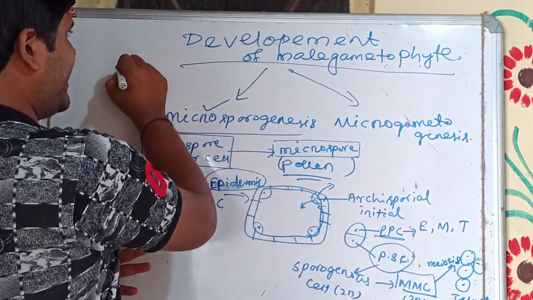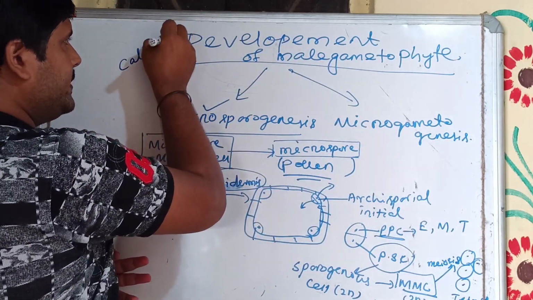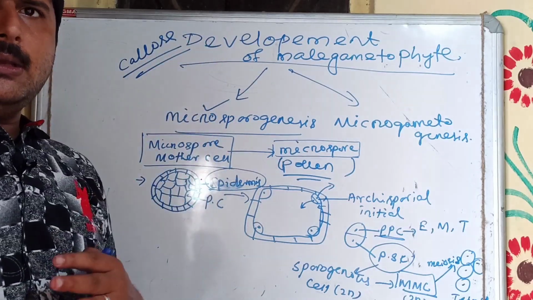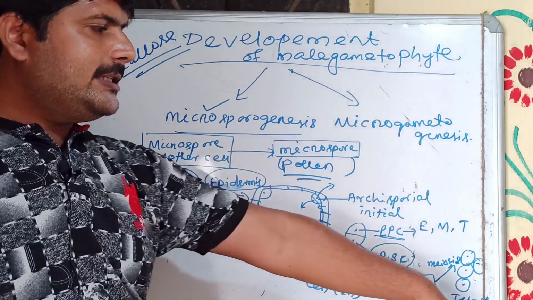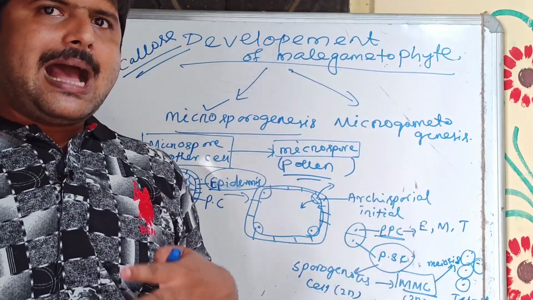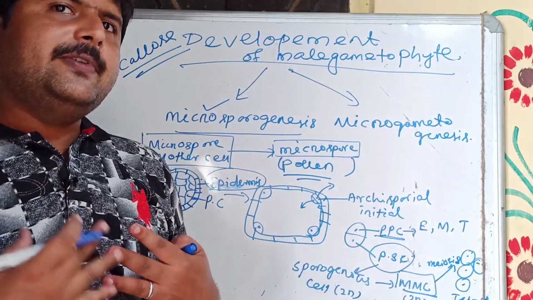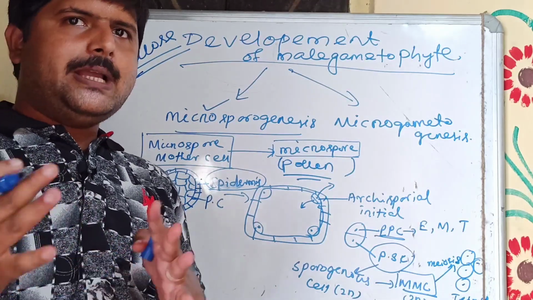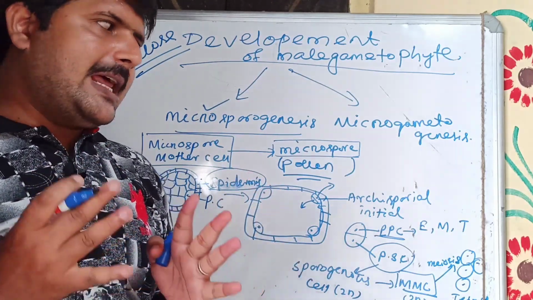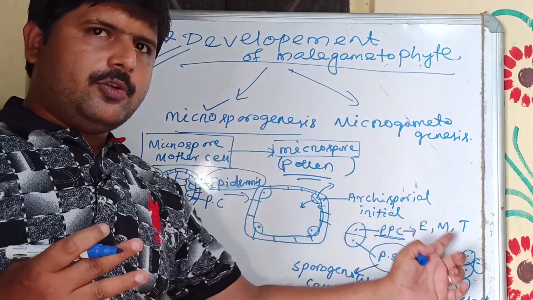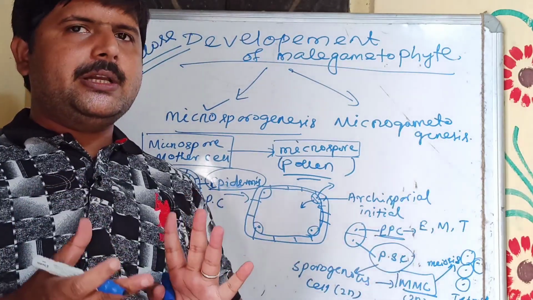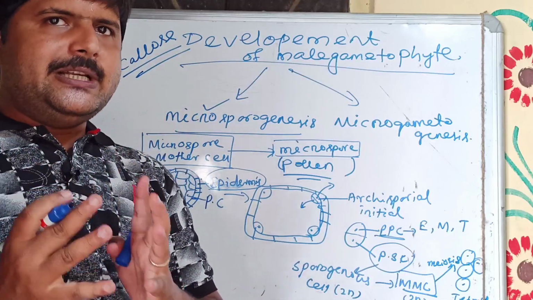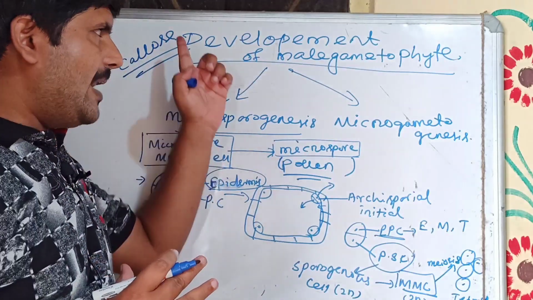That chemical is known as callose. Though 4 microspores are produced from a single microspore mother cell, their aggregation is completed by means of a chemical known as callose.